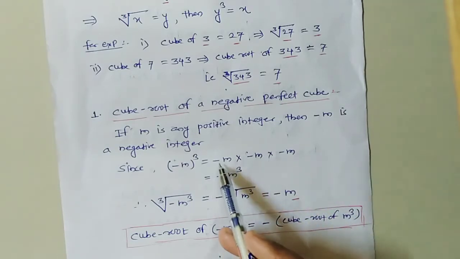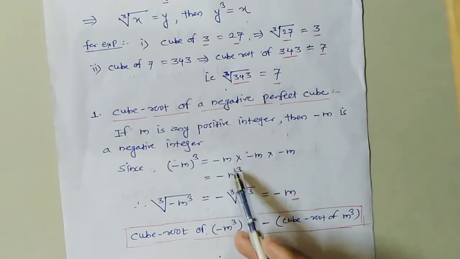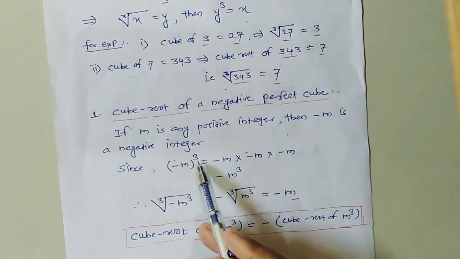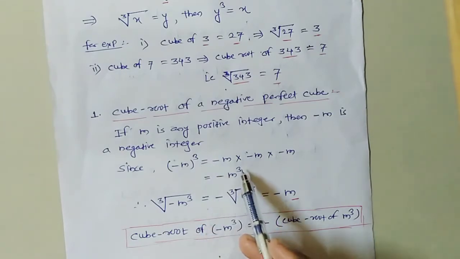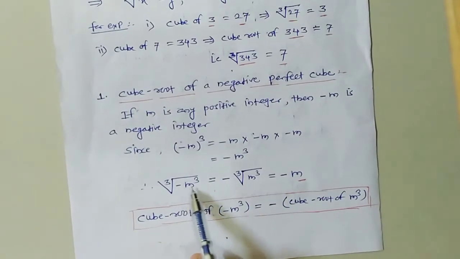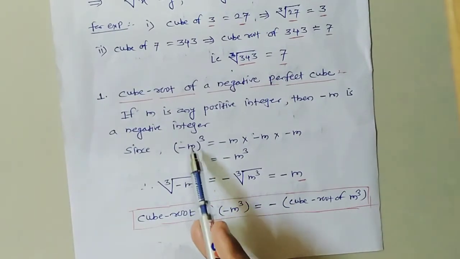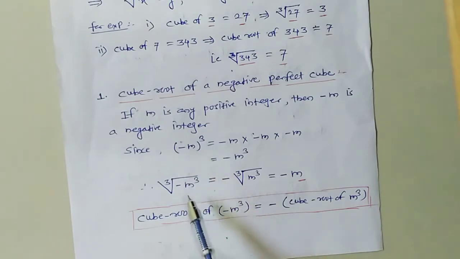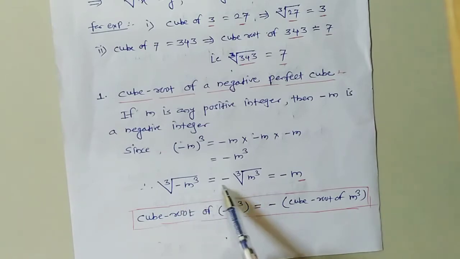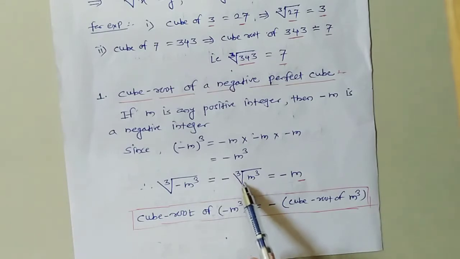Which is equal to, take minus common, so minus m cube. So minus m raised to the power 3 is equal to minus m cube. Therefore, the cube root of minus m cube is equal to, you can take this minus sign outside the radical sign, minus the cube root of m cube.